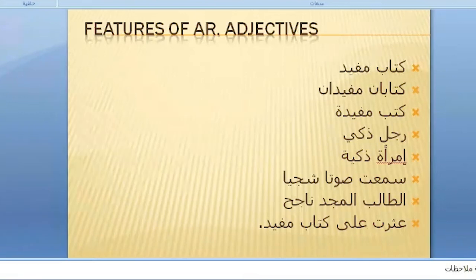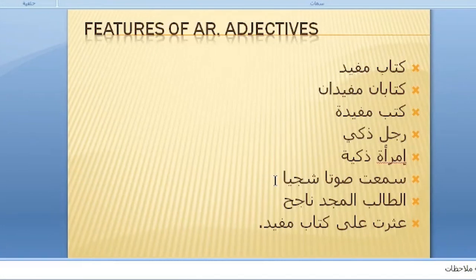خلي نشوف الجانب النحوي, which is our point. سمعت صوتا شجيا. We have said that the adjective is شجيا, which is in the accusative case. Why is it in the accusative case? Because the noun صوت is also in the accusative case. The parsing, الإعراب, of صوتا is an object. هذا مفعول به.